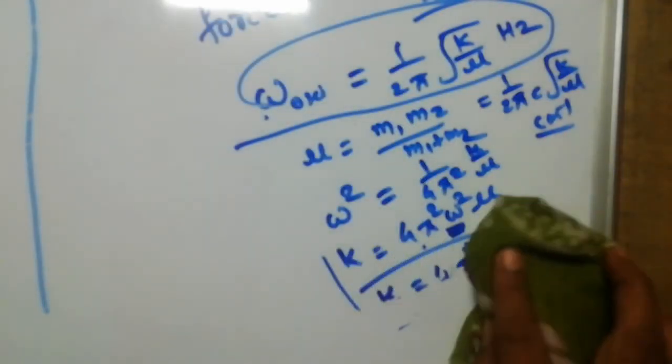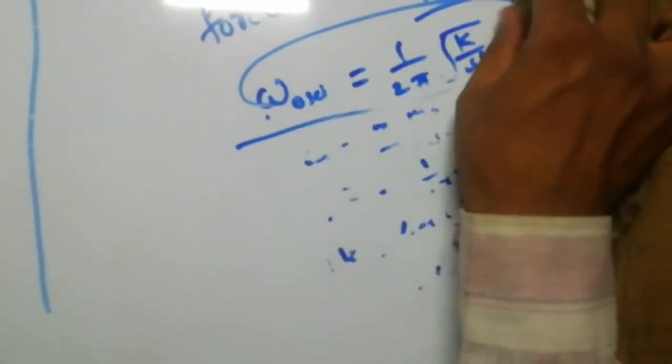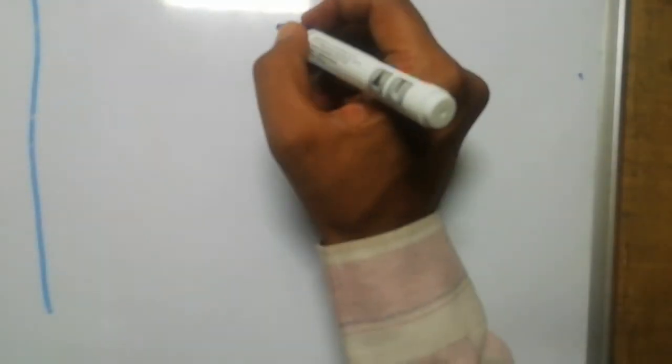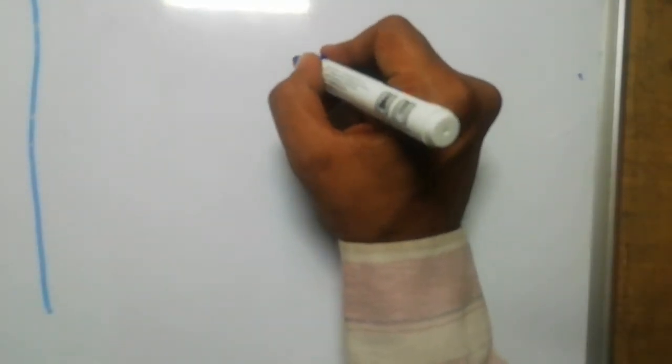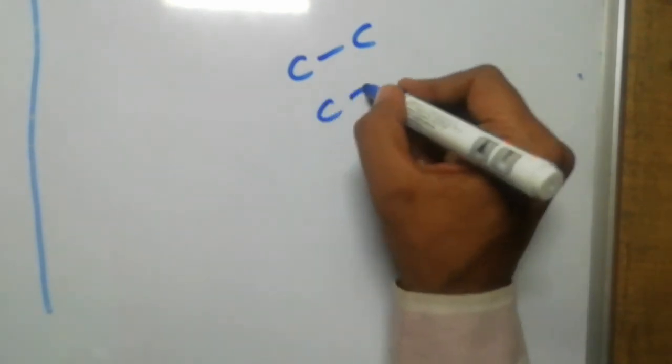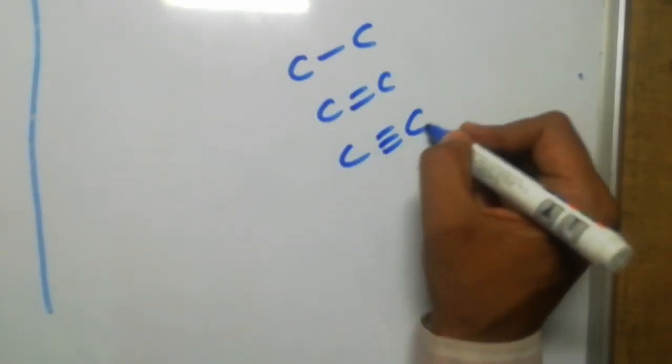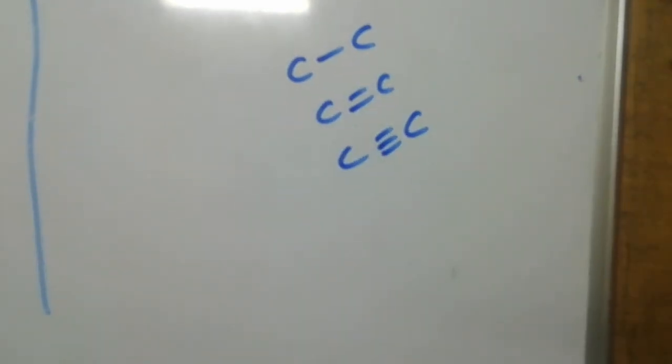And it has been noticed that there is a relationship between force constant and the strength of the bond. For example, I'll give you one typical example. Say carbon-carbon single bond, carbon-carbon double bond, and carbon-carbon triple bond. Which one will be the stronger?